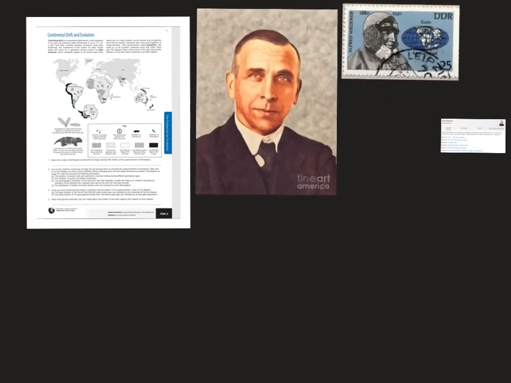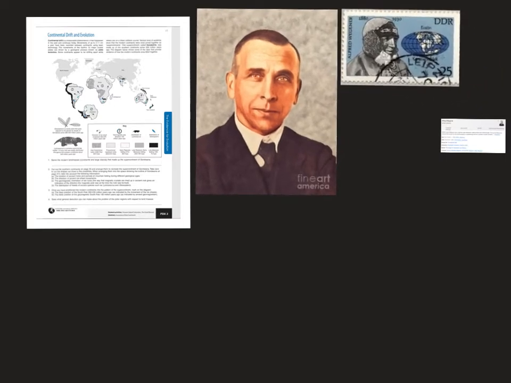This story is better told by the video that I'm posting on the website, but I'm kind of summarizing it here. The bottom line is that Alfred, while talking to one of his roommates, looked at a map and noticed that the eastern tip of South America fits into Africa.